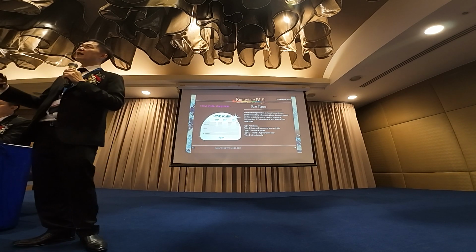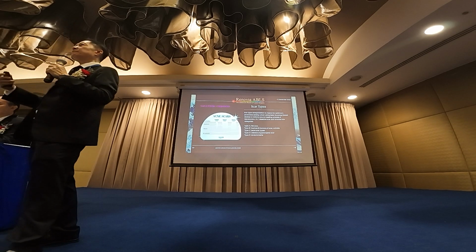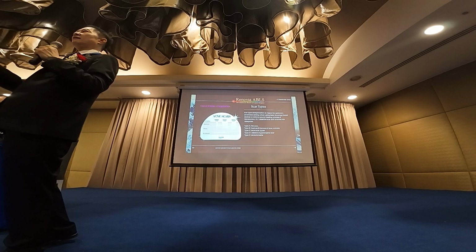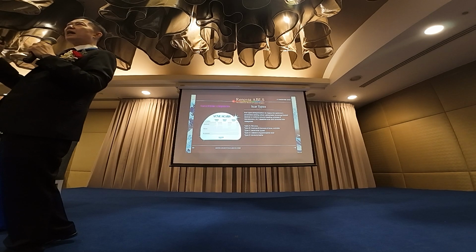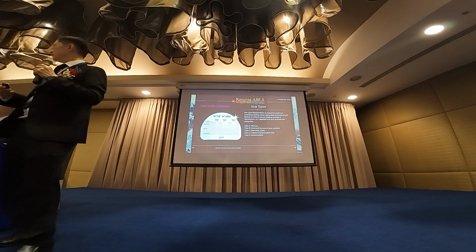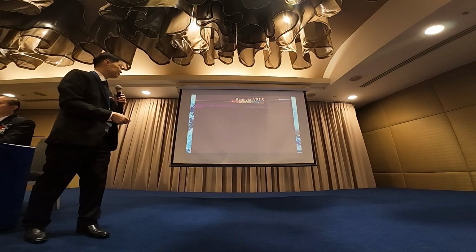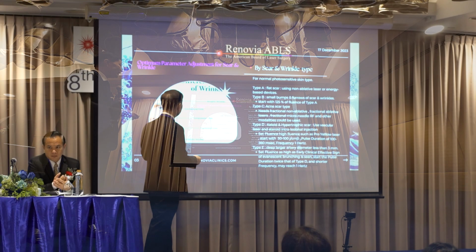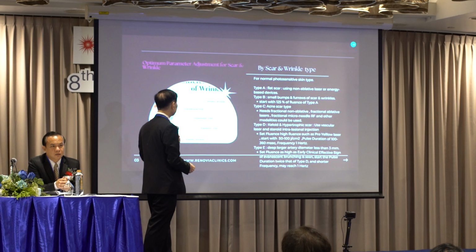You have to classify, and then apply the optimum laser dose or optimum dynamic parameters to all these classifications. Okay. And in wrinkle also, you have to classify the wrinkle. Next slide, please.